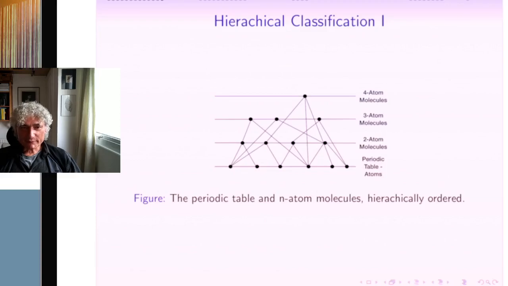Yeah, so you should keep in mind now a molecule is a set of molecules, and in the simplest case a set of atoms. So we can work our way up. So for example, this molecule here itself can now be used to compose something that is even higher up, maybe at the 3-atom level.